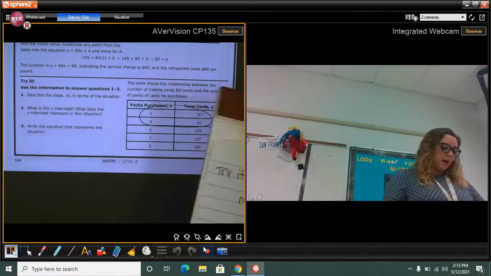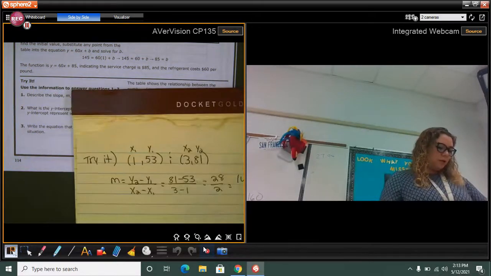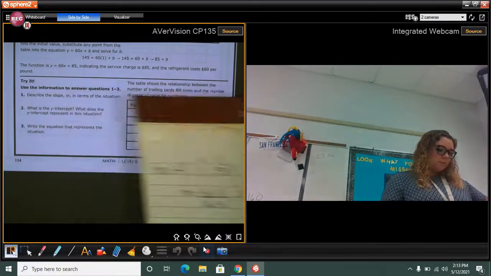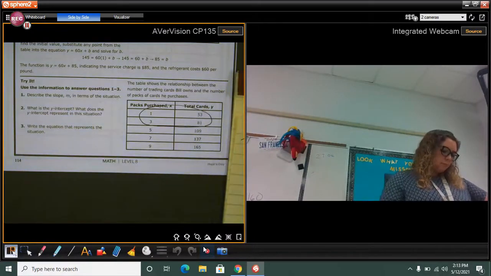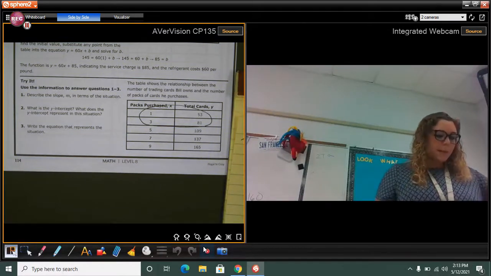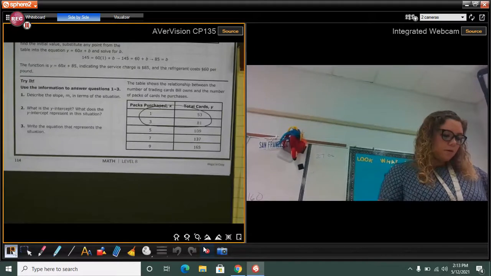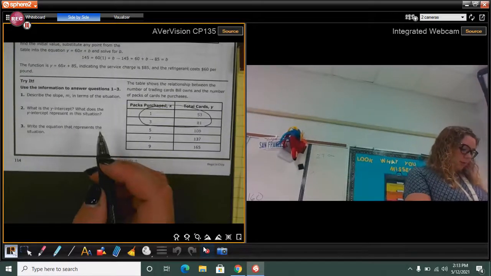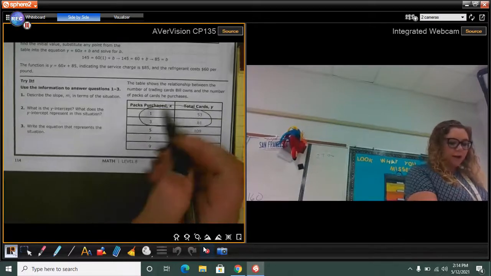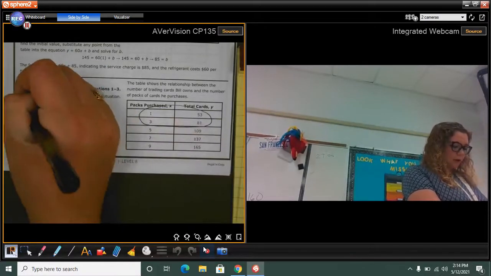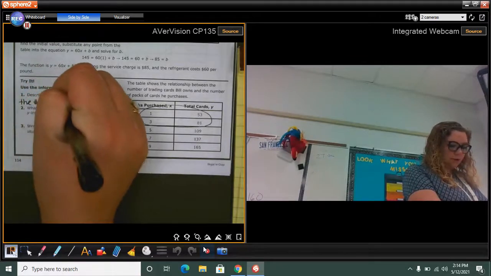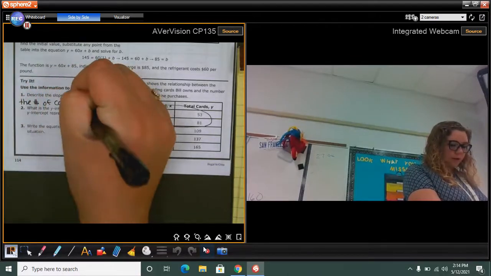So what does my slope mean? Well, it means, remember it's y over x, the number of cards per pack.